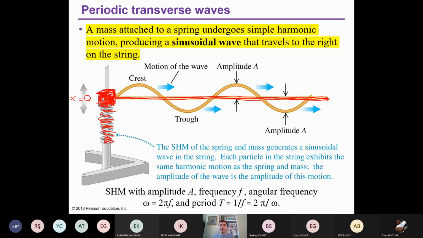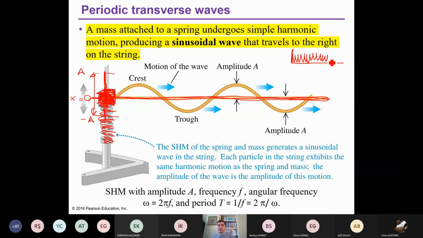So what will happen? We have learned in the previous chapters that this mass will move up and down around the equilibrium with a certain amplitude. This is the positive amplitude and this is the negative amplitude, and this mass will move like this, up and down. So just remember the motion of the mass connected to a spring, okay?